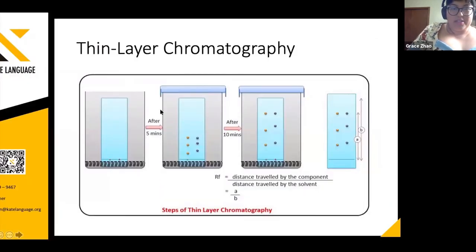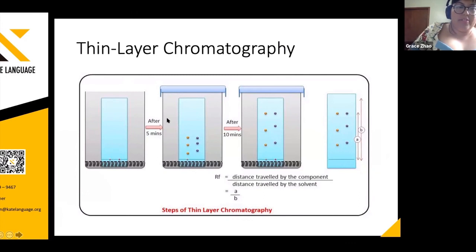So this is called TLC, or thin layer chromatography. In this case, you have these two little dots here, and that's what we're starting with. Usually it's something like a Sharpie, or sometimes if we do a Skittles experiment, you would put your Skittles here and you just add water to them.